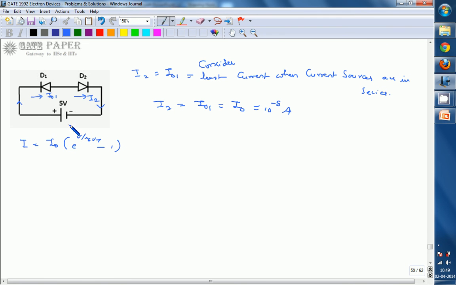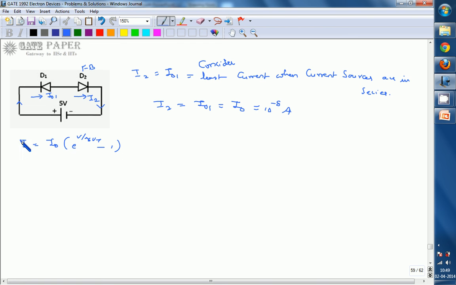It can be applied in forward bias, and in reverse bias you cannot apply this equation, because under reverse bias the current flowing through the diode is constant, which is equal to I naught. It is independent of reverse voltage. So in this one we are going for the diode in forward bias. Which diode is forward biased? Diode 2 is forward biased.